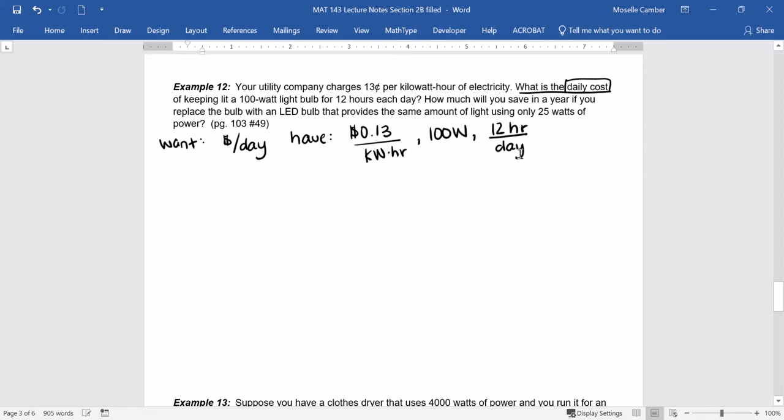Now note we have different units of time here. We have 12 hours per day. Well, normally when we talk about hours per day, we're talking about 24. But remember, we're not just talking about the number of hours that pass during the day. This is going to be your run time, how long you have actually run this light bulb. Same thing here with the kilowatt hour, you only get charged for what you actually use, so this is also run time.